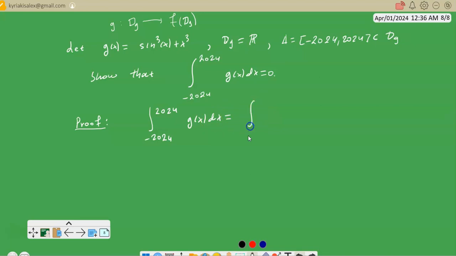This can be written equivalently as the integral from minus 2024 to 0 plus the integral from 0 to 2024 of the function g.